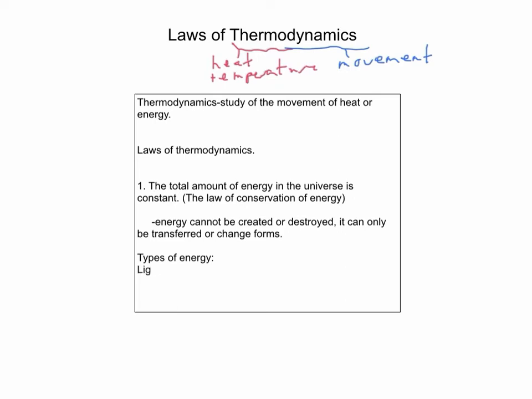So we have light energy, we have heat energy, we have kinetic energy, potential energy, electrical, chemical, and mechanical energy, the energy of movement. And there's a lot more. So these are some common ones, and energy can change forms.